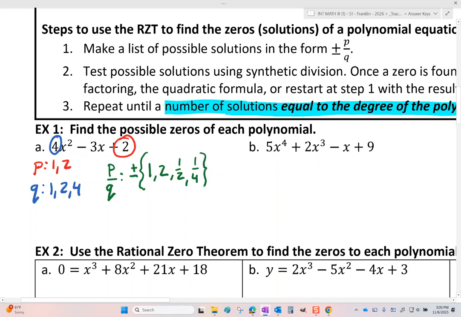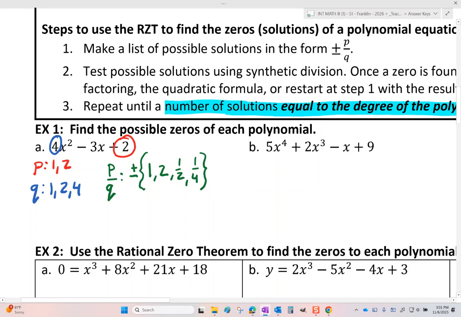We don't need to write down duplicates. And so we have a list of 8, 4 positive and 4 negative numbers here that the zeros of my polynomial are in this list somewhere.